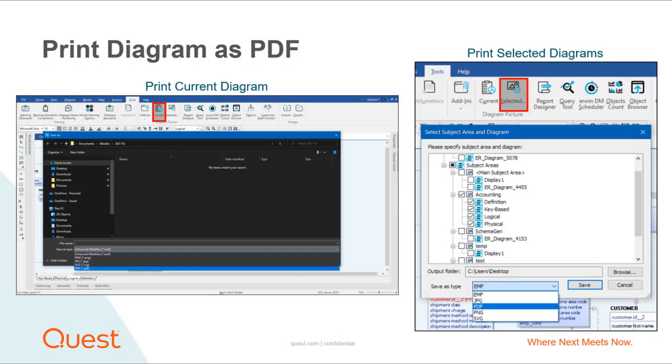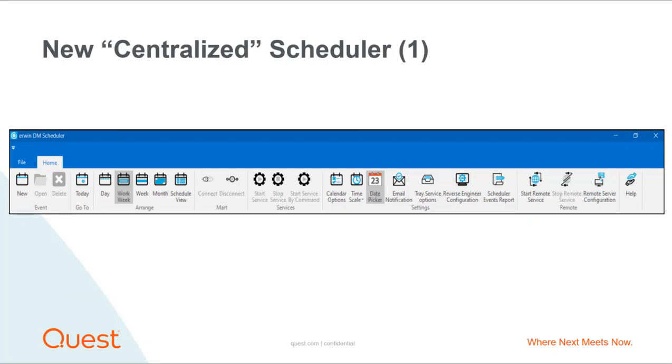The option to print diagrams as PDFs has been added to both the Print Current Diagram and the Print Selected Diagrams options of the Tools menu item. Modelers can use Erwin Data Modeler Scheduler to schedule reverse engineering or RE jobs centrally on a local or remote instance of Erwin Data Modeler.